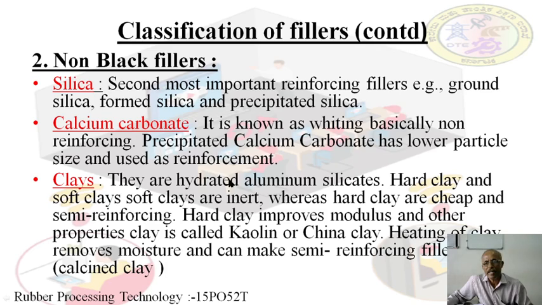They are hydrated aluminum silicates, hard clay and soft clays. Soft clays are inert, whereas hard clays are cheap and semi-reinforcing. Hard clay improves modulus and other properties. Clay is called kaolin or china clay. Heating of clay removes moisture and can make a semi-reinforcing filler, that's calcined clay.